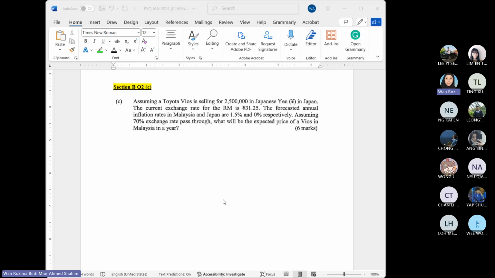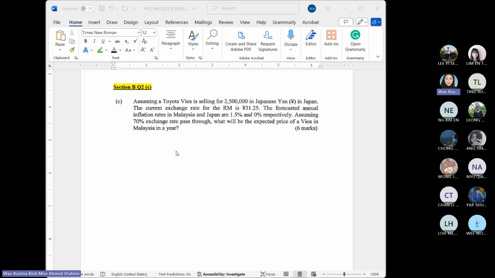The forecasted annual inflation rates in Malaysia and Japan are 1.5% and 0% respectively. Assuming 70% exchange rate pass-through, what will be the expected price of Vios in Malaysia in 1 year?